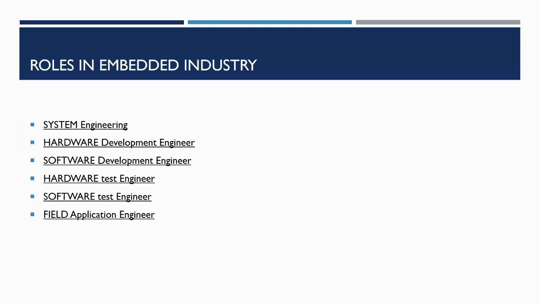Now the question comes: one can learn the basics of electronics and electricals as well as communication protocol knowledge, so how can they go further with respect to learning? If someone is interested in hardware development engineering, first they have to start building circuits on a breadboard.